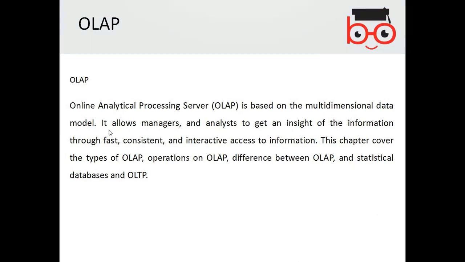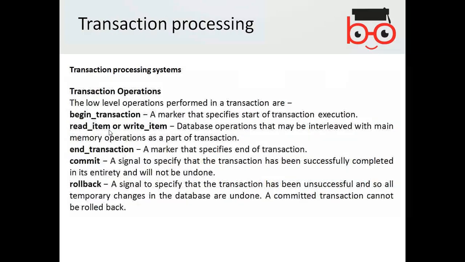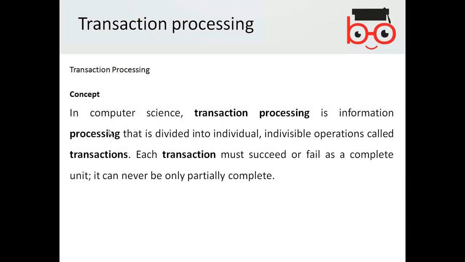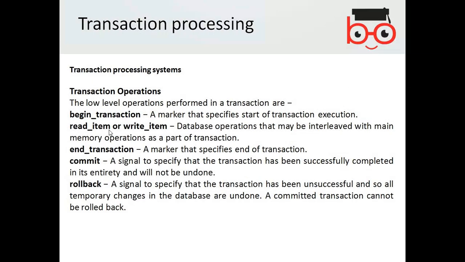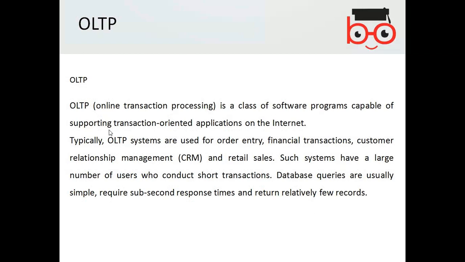So basically we started by discussing transaction processing, then certain states of the transaction, and certain commands of transaction processing. You could also explain the states and types of transaction processing.